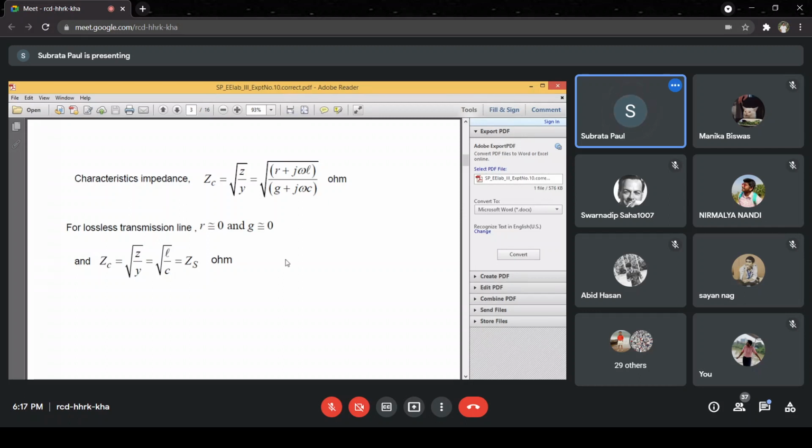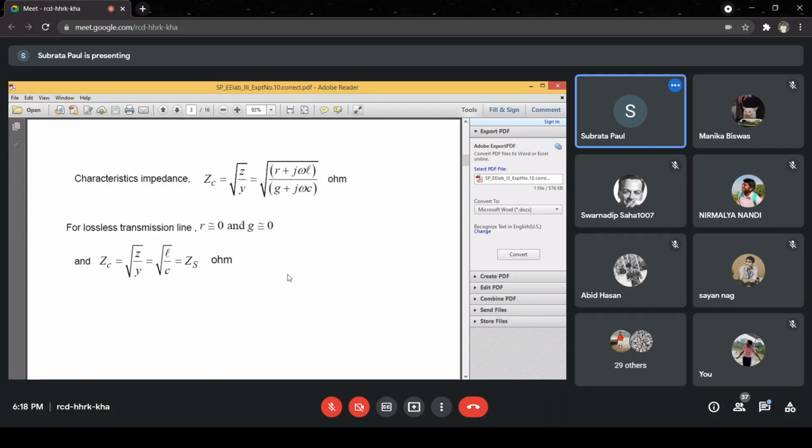In that case, if you look at the expression of ZC, this omega being very high compared to the power frequency, omega L will be very large compared to R, and omega C will be very large compared to G. So at that condition, ZC coincides with ZS, and the characteristic impedance is called surge impedance. This is the reason why we call it surge impedance.